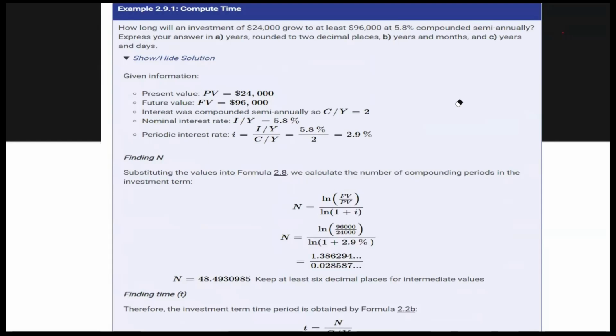They want you to express your answer in years to 2 decimal places, then years and months, and then years and days. We're just going to take the part in years. They give you all this information, how much you have and how much you expect to get. Semi-annually, so C is 2, nominal interest is 5.8, and periodic interest is that divided by 2, which is 2.9.